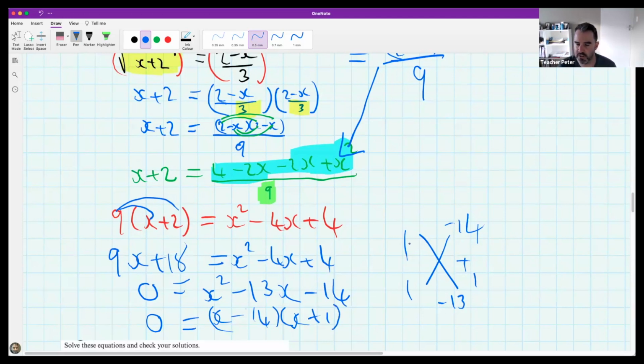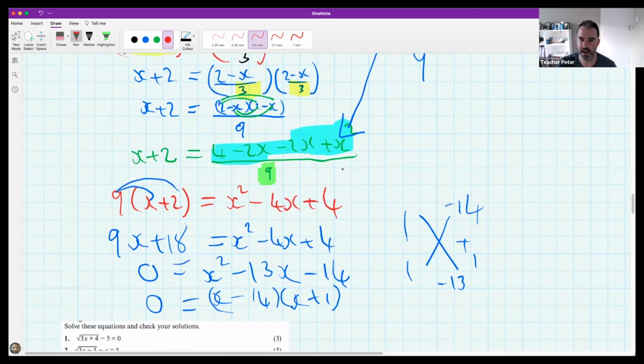So what is my answer for x going to be? Oh, Amelia, your hand is up. Is it still up, or do you have another question? I'll unmute you if you have another question. So we have x is going to be equal to 14, no problem, or x is equal to minus 1. But we need to check.